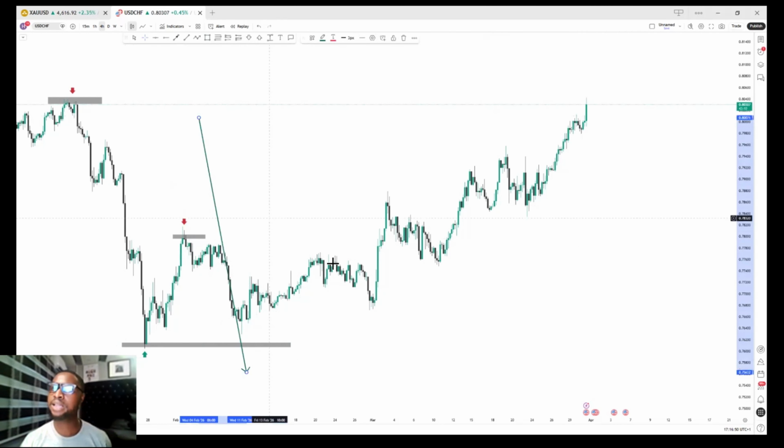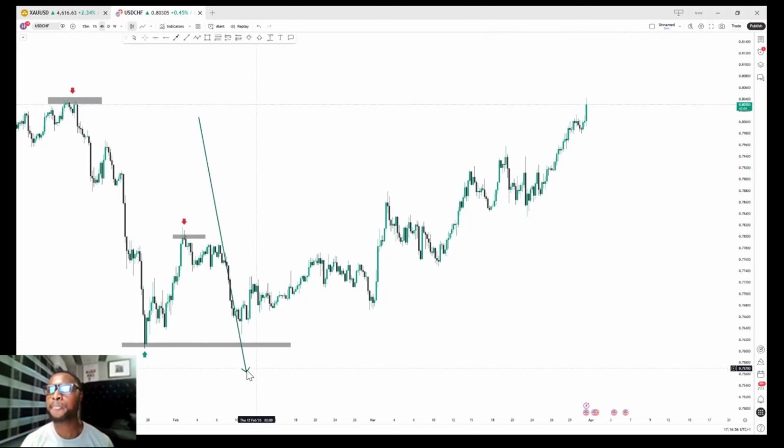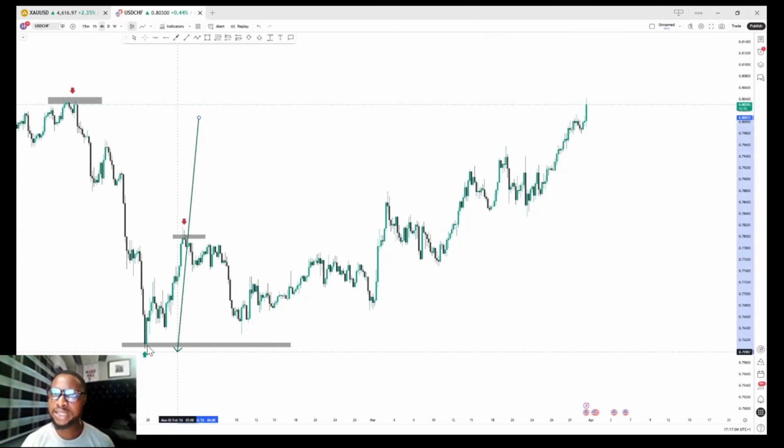Now I want you to just pretend like you don't know what's happening right here. All this has never happened before, right? So now we see that sellers pushed the price all the way down, but it didn't get to this level and break it with a body close candle, right?